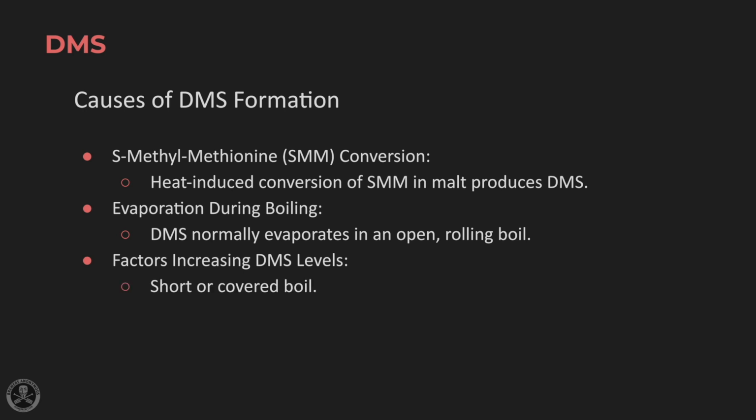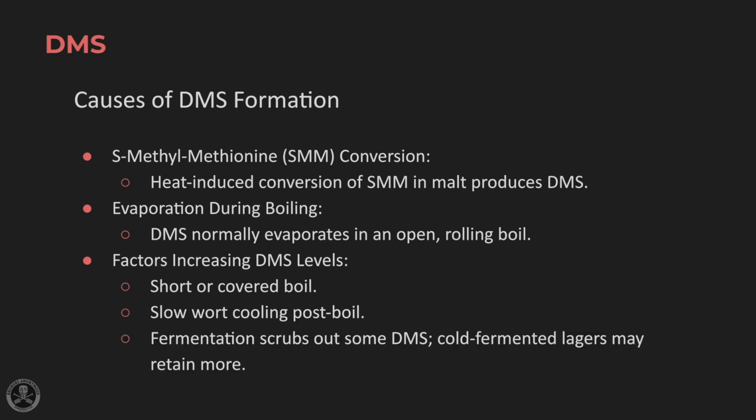First is boiling for too short of an amount of time. Not allowing enough time to burn off all of those precursors can lead to DMS formation. A covered boil can also re-add DMS back into the boil by collecting on the lid and then falling back into the boil. A slow cooling of the wort can also lead to the formation of DMS.